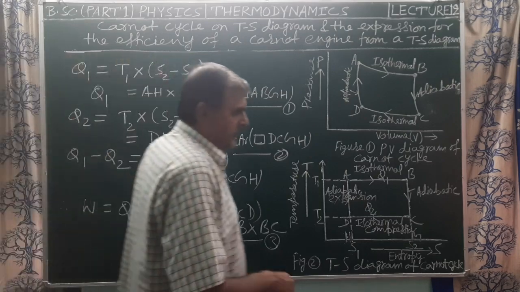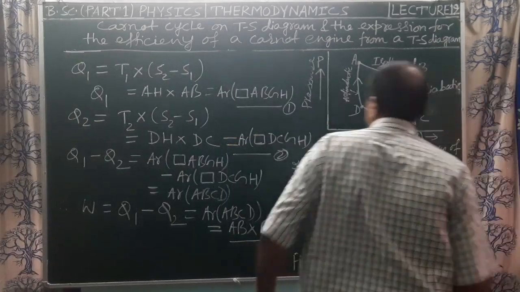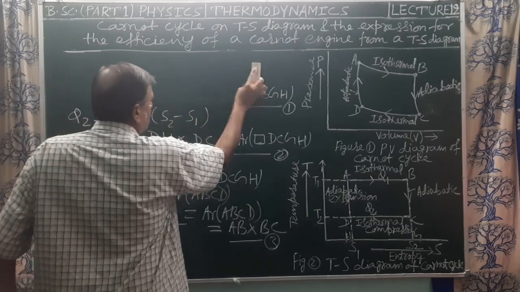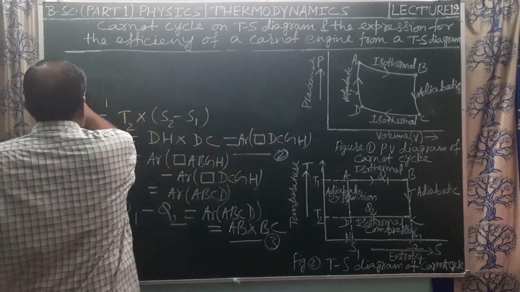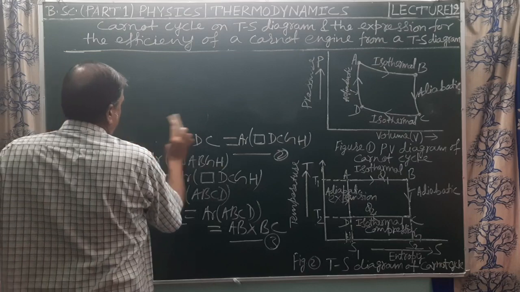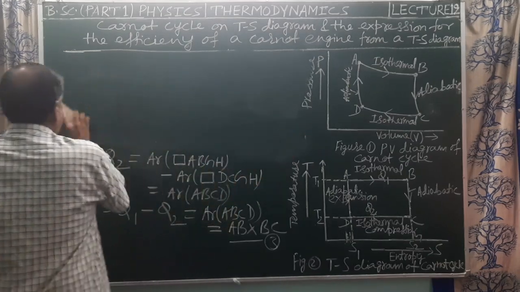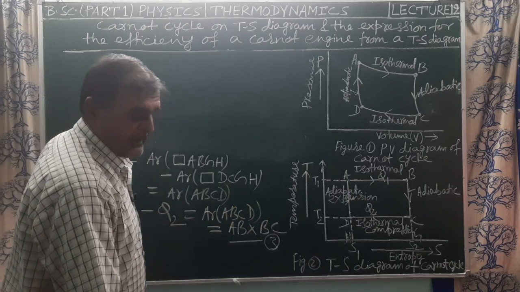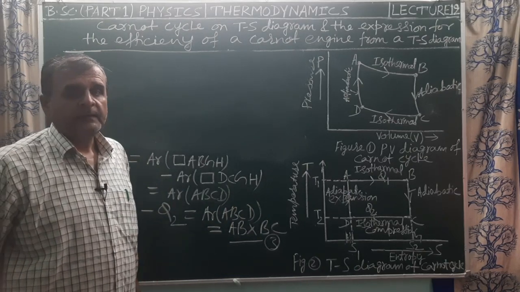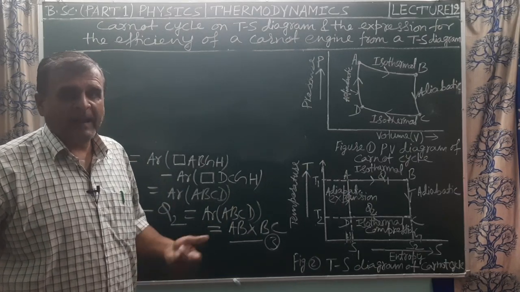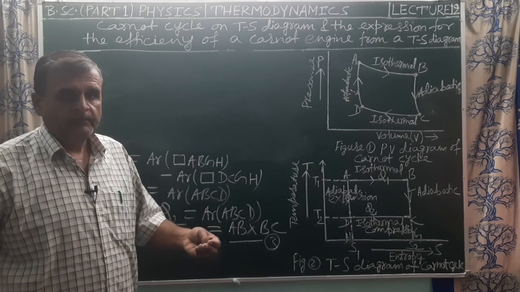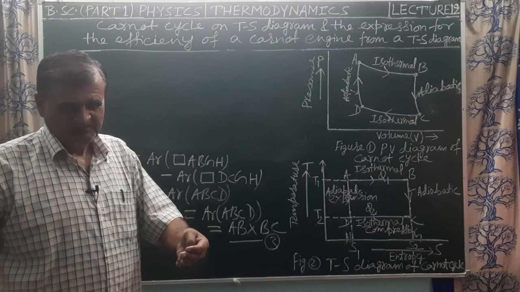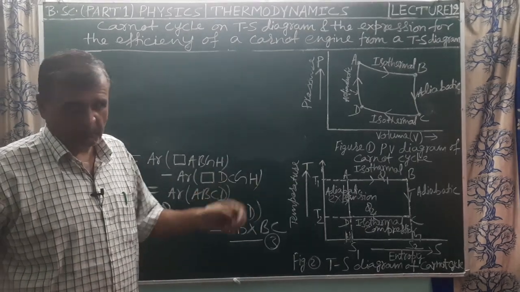So we know the formula for efficiency: the efficiency of a heat engine is eta equals W upon Q1, that is, the ratio of the net work done by the system to the heat taken by the system from the heat source.